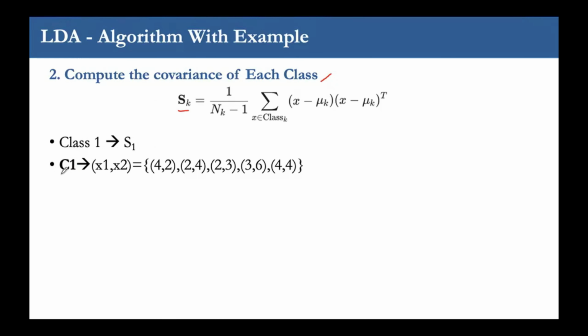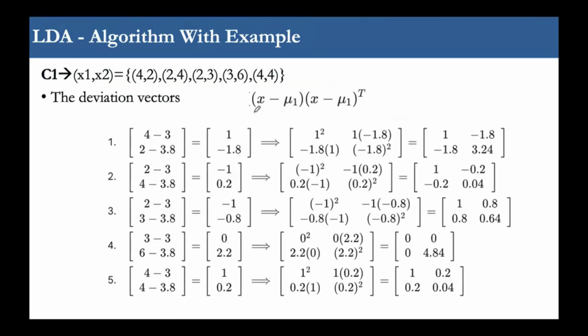So C1, these are all the data points, and we need to find S1. To find S1, first we will find x minus mu1 into x minus mu1 transpose. What is the first data point? The first data point is 4, 2. We need to find x minus mu1.